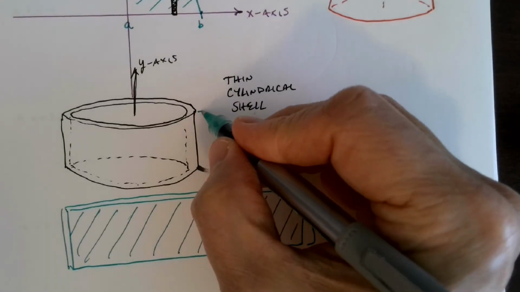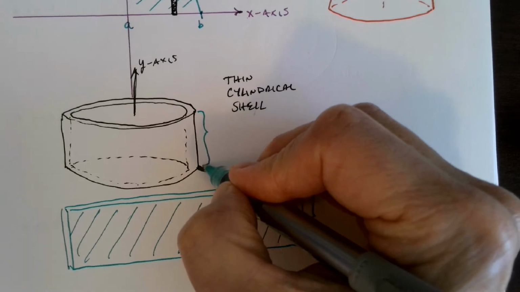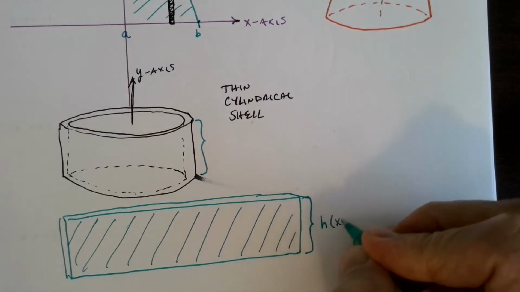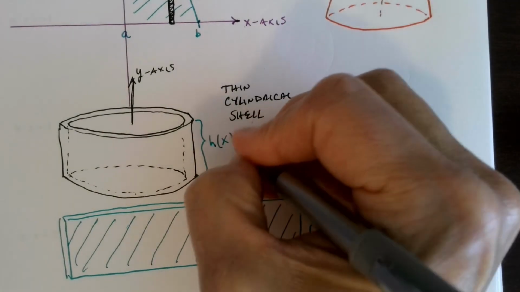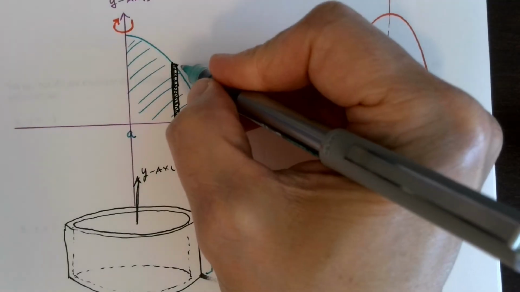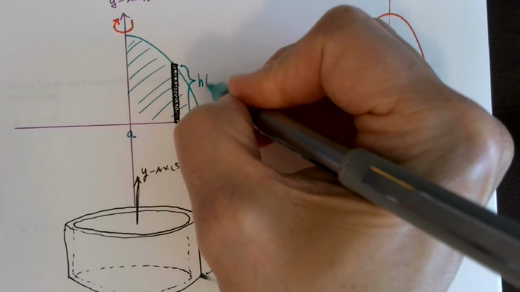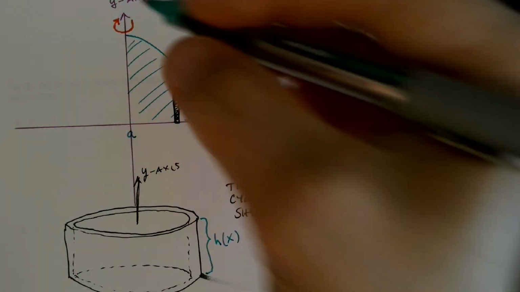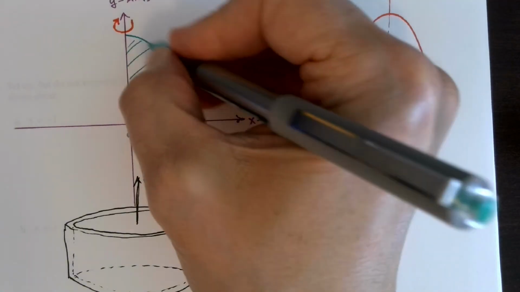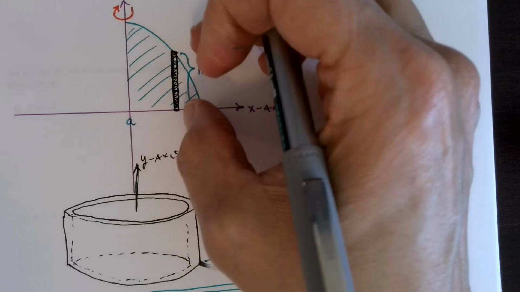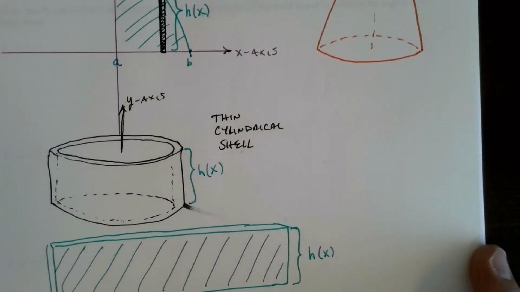Well, the height is the same as the height of the shell, right? We'll call that h of x, which is the same as the height of the original rectangle. In this case, assuming this function is, say, h of x, then that would be the height. But whatever the function is, the h of x would be equal to that height.